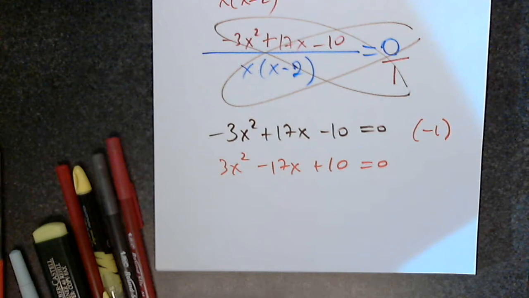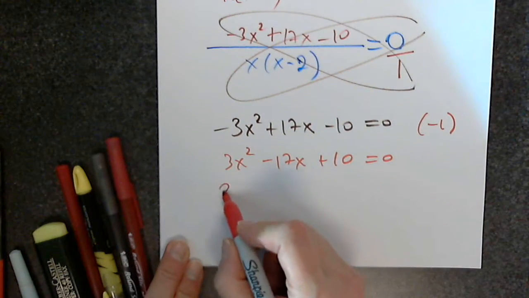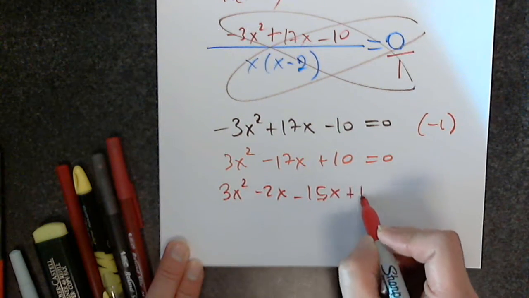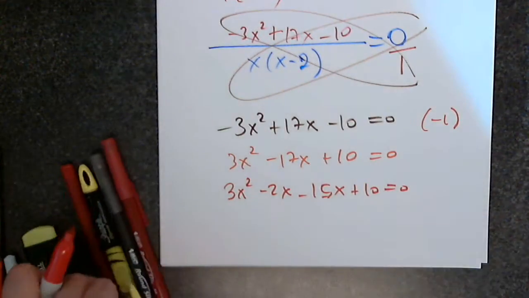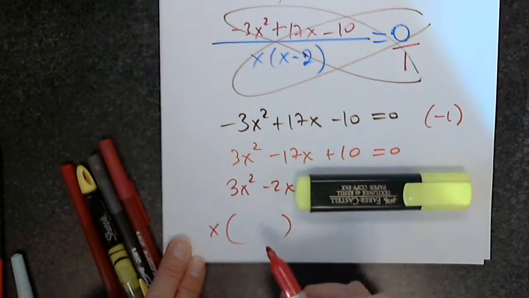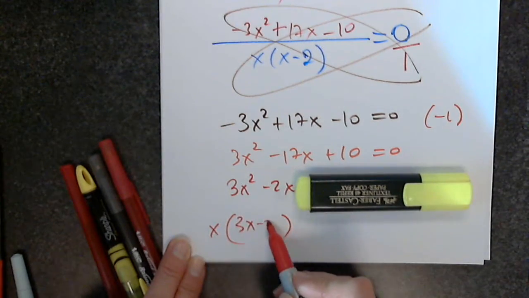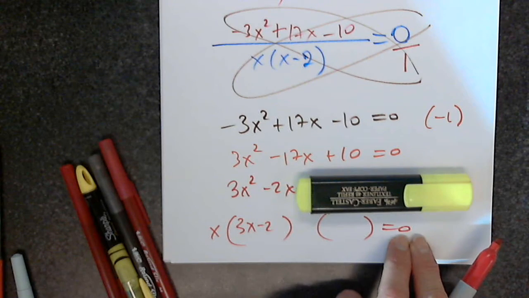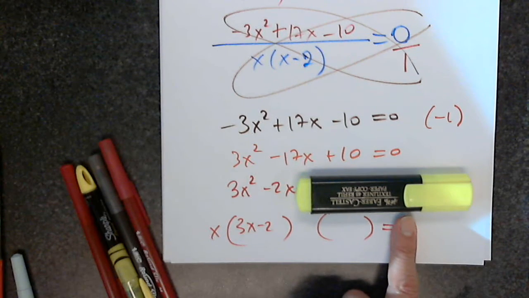So do we know how to split this or not yet? Yes, so 3x squared minus 2x minus 15x plus 10 equals 0. And now, good, what is left? And what is left from the other two? Look what I did. I wrote the equal symbol and 0 because if I forget this, I will not solve.